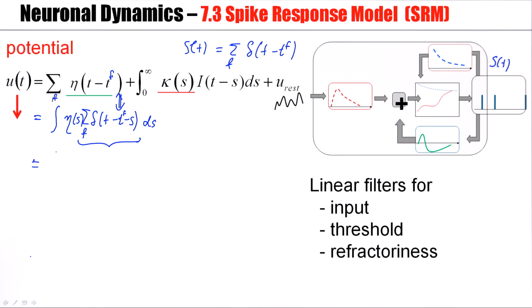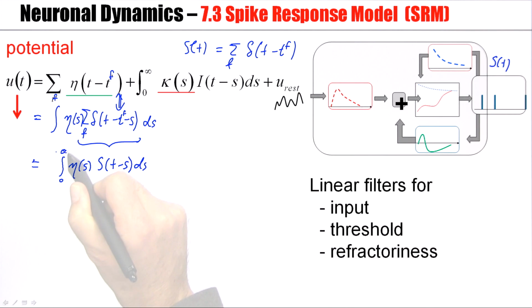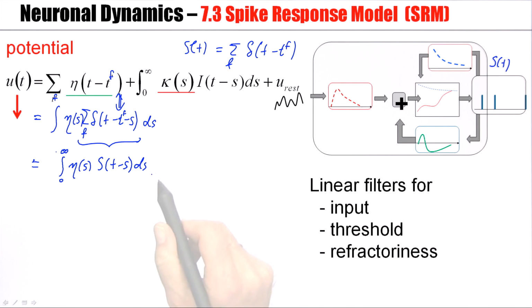So let me write this up in a more concise form. I can write this as integral eta of s, S of t minus s, ds. And the integral goes from 0 to infinity. The integral goes over the past spike train.